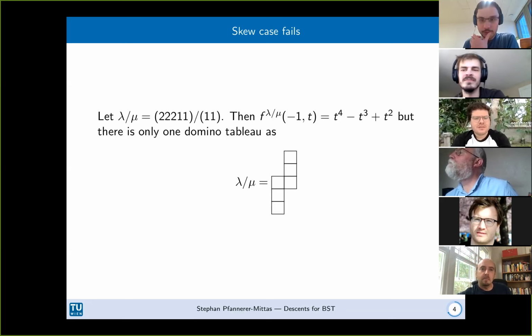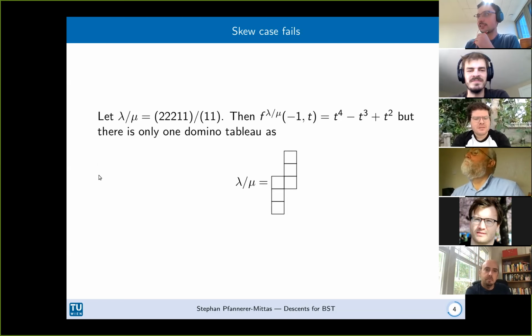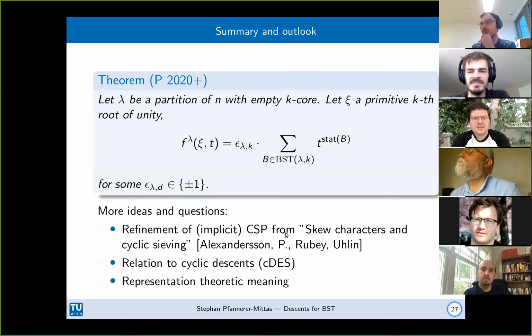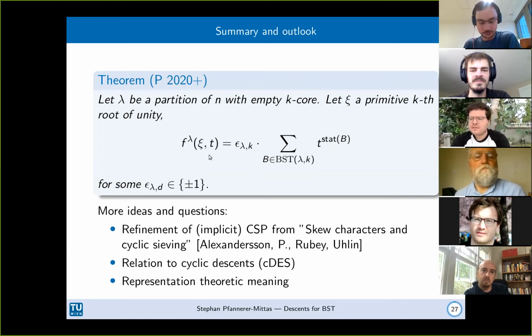Let me think about that. What I kind of tried, and this is related to what I've written here, is this refinement of this CSP result, where I multiplied together F lambda of Q, T together with F lambda of Q, 1.